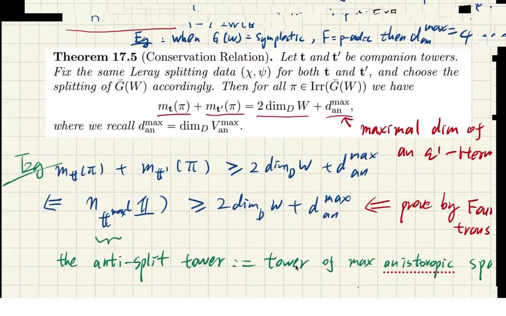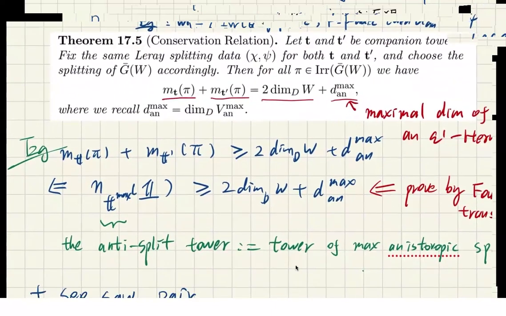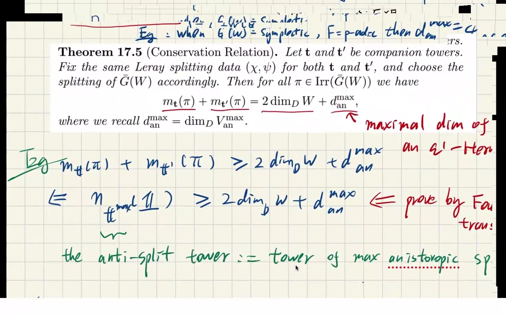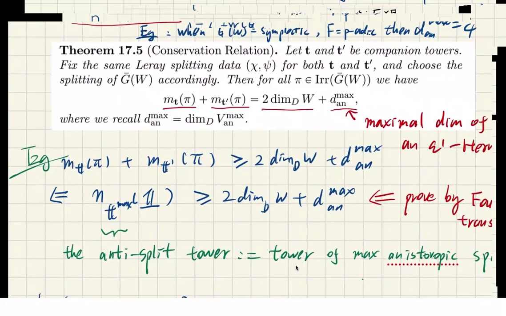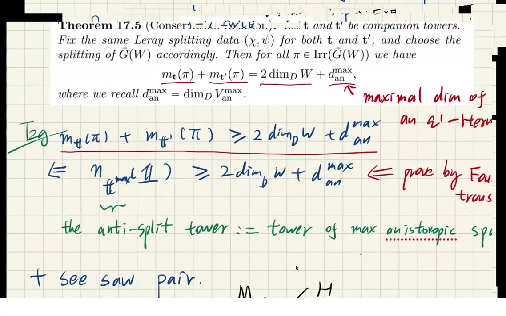Okay, so to prove this kind of theorem, you need to prove 2 inequalities. One inequality is that the first occurrence indices added together are bigger than or equal to this number. And the other is, okay, this direction is actually a simpler direction.